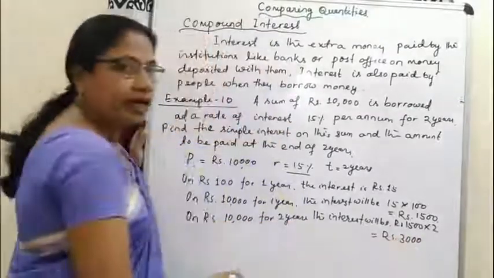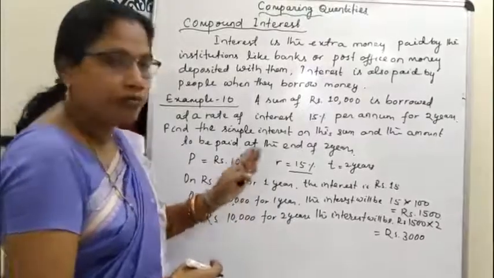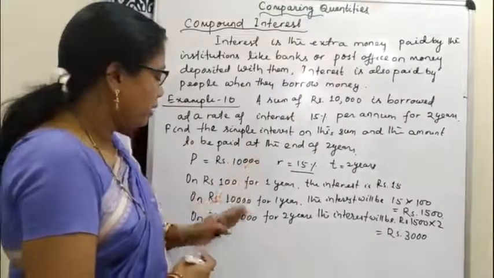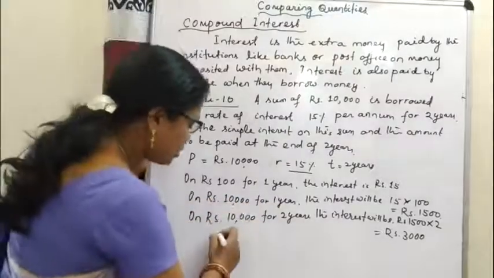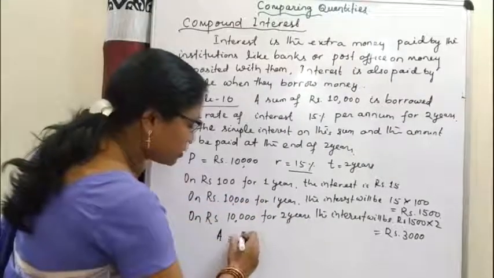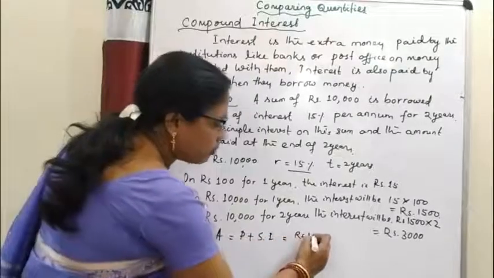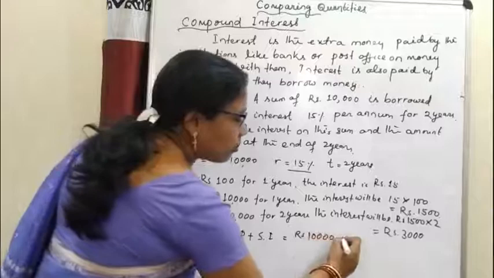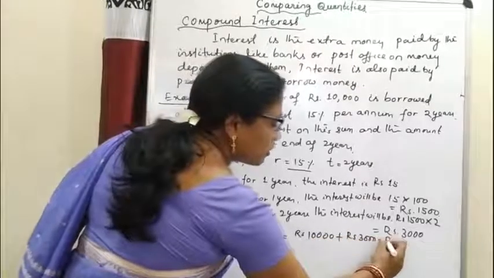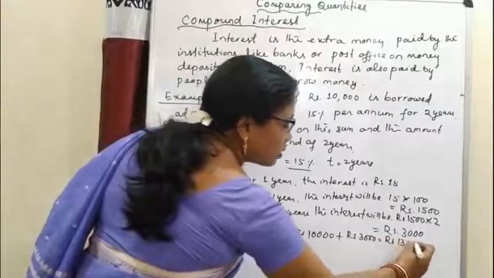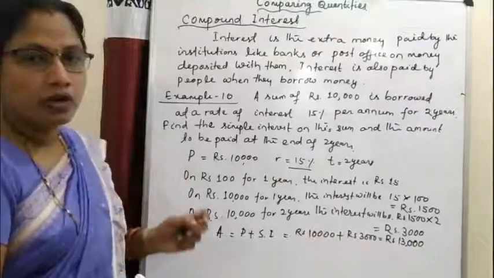So this is the interest after 2 years at the rate of 15% per year on the rupees 10,000. What is the amount after 2 years? The principal plus simple interest. So this is equal to rupees 10,000 plus rupees 3,000, which is rupees 13,000. So this is the amount on simple interest.